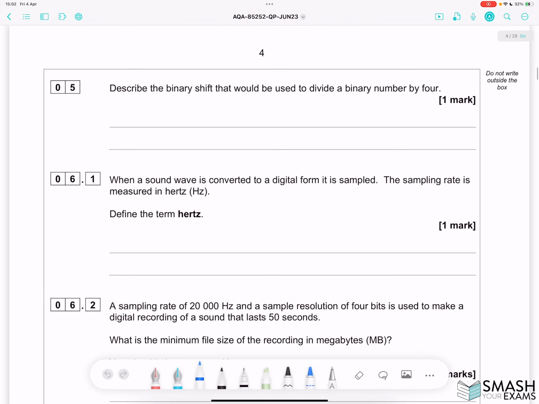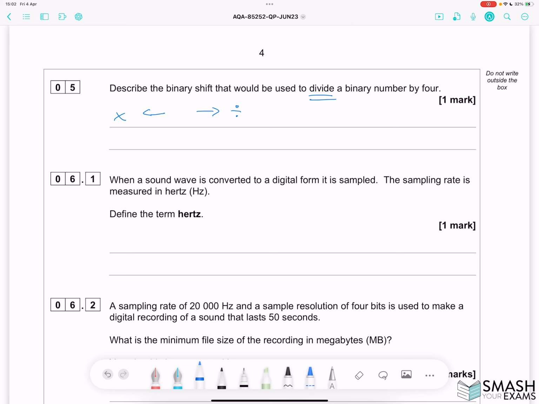Question number 5 now. Describe the binary shift that would be used to divide a number by 4. So remember, with binary shifts, we know that if we go to the left, we will multiply a number, and if we go to the right, we will divide it. So because the question says divide, we know that we're talking about a right shift. And each time we move one position to the right, the number will divide by 2.